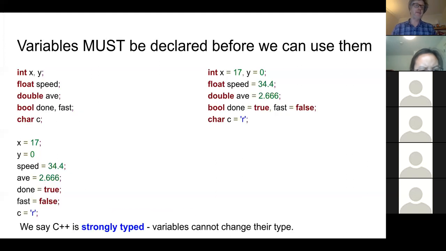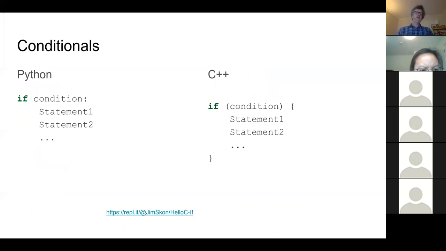Okay, so that's kind of the basics of variables. Now, there's a lot of similarities, but it's not identical. Here's another thing: conditionals. In Python, we say if some condition, and then we have a list of indented statements. We've seen that a million times. In C++, we say if, and we have a condition that looks very much like, although not identical to, a condition in Python.